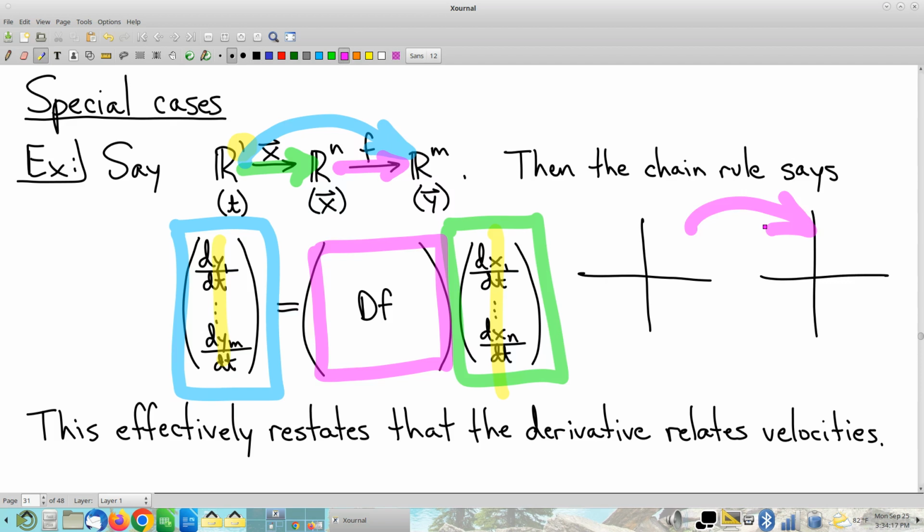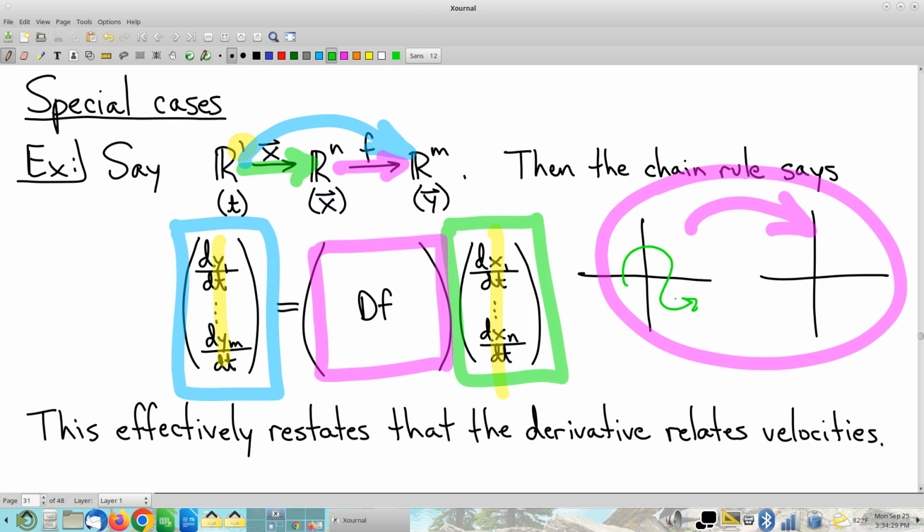So this is a picture of the f function, and the green function is a parametric curve moving through the domain, and the blue function is the image of that, which is going to be some sort of a parametric curve moving through the target. Everybody happy? Okay.